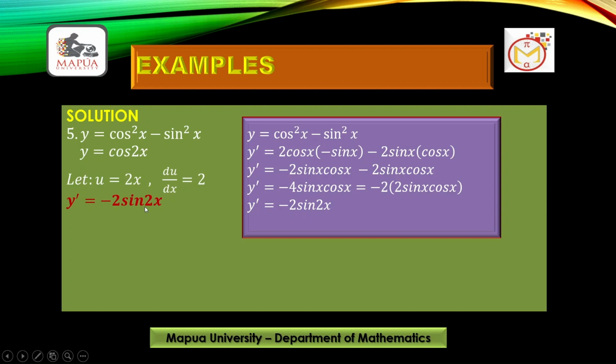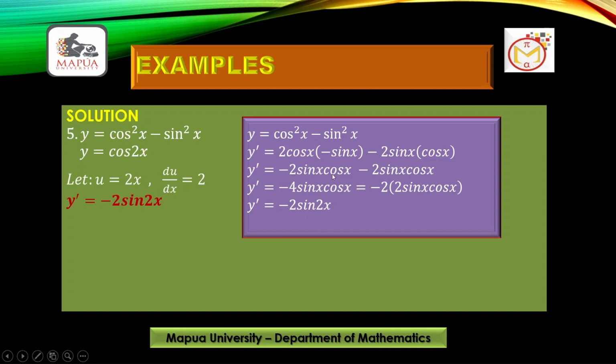Now, if you want to use the power rule without using this identity, you can also apply that, but it has a longer solution. So the y prime here by power rule: bring down 2 and then cosine x, and then the derivative of cosine is negative sine x. On the second term, we bring down the 2, minus 1 from the exponent, and the derivative of sine is cosine.